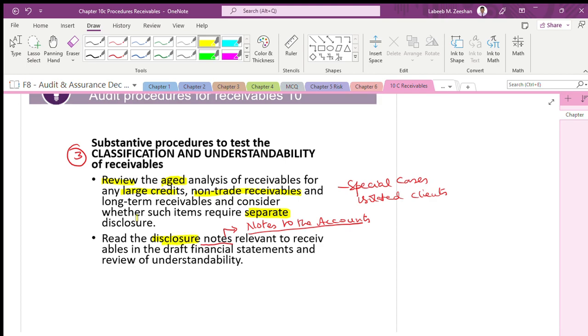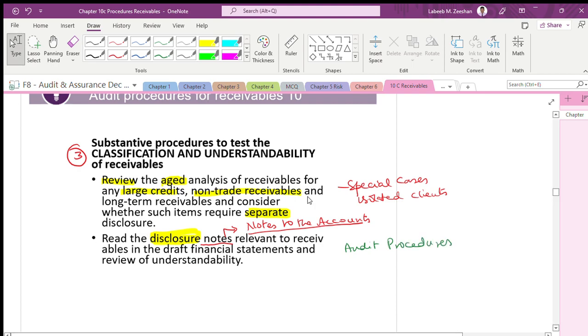Whatever we are doing here, we are doing during the audit procedures. When you are doing substantive procedures, we make it a point that we are not finalizing the financial statement.